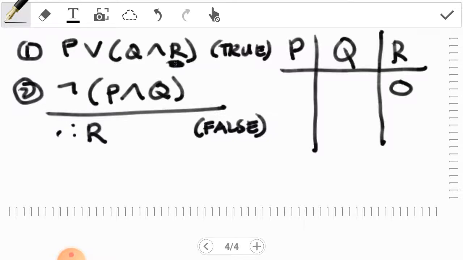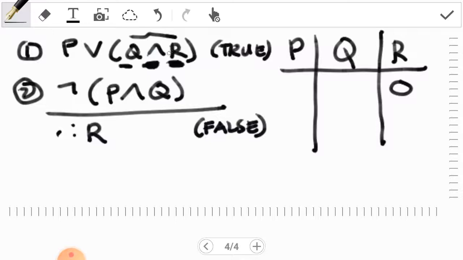If R is 0, since this is a conjunction, then regardless of the value of Q, this entire thing here will be false. Again, since R is false, this is a conjunction.